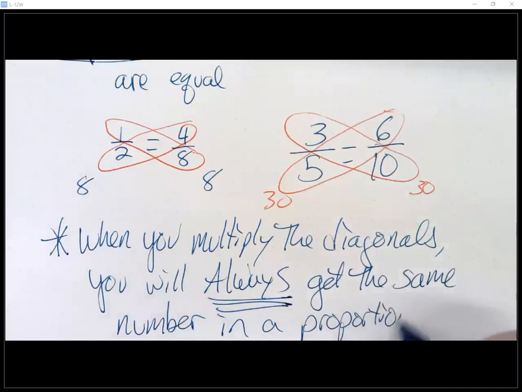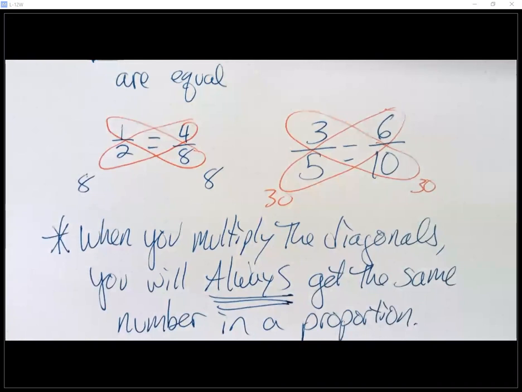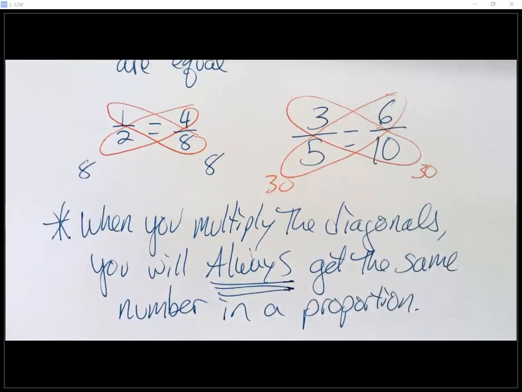Because if I have just two random fractions and I multiply the diagonals, there's no guarantee that those are going to work. But if I have a true proportion, so two fractions that really are equal to each other, if you multiply the diagonals, they will always, always, always be the same.